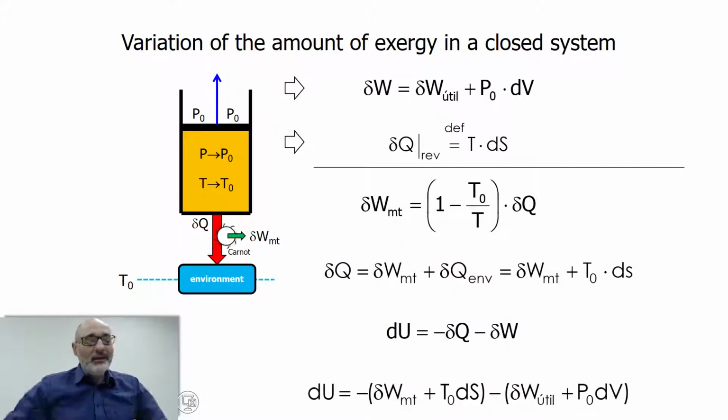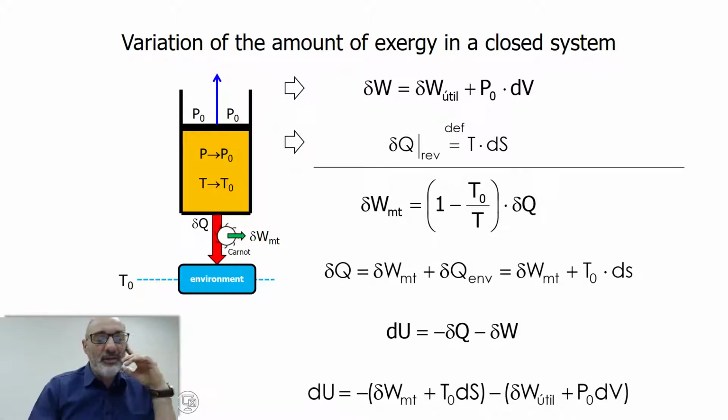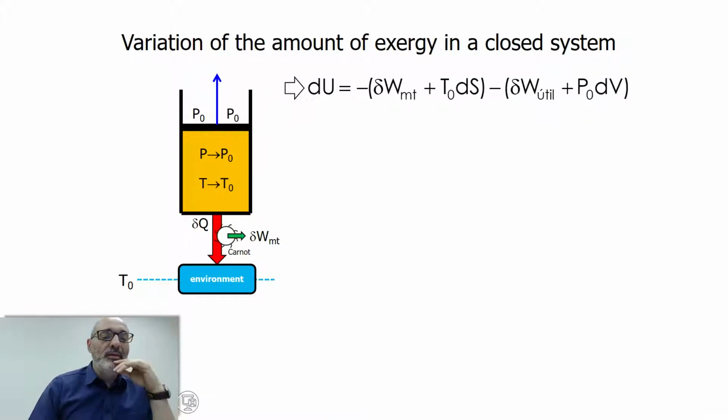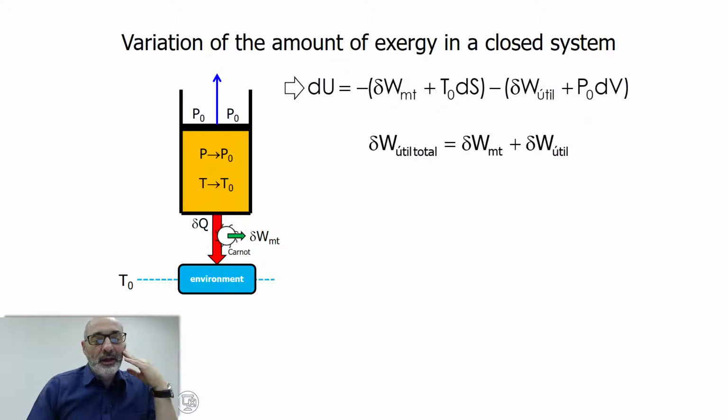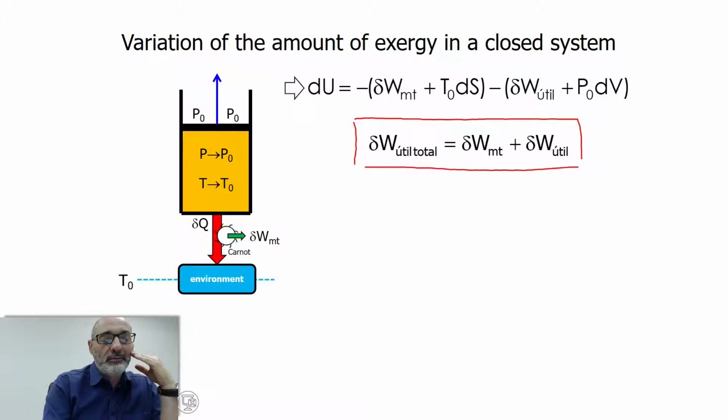So combining again, okay, that's a little tricky, but well, it's very simple actually. So combining these two formulas, we obtain that dU equals minus del W plus T0 dS minus dW useful plus P0 dV, okay? That's a mathematical manipulation. I just translated the formula here. And continuing and thinking about our old definition, okay?